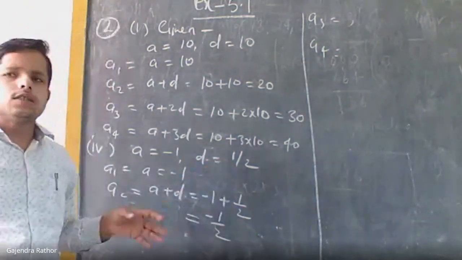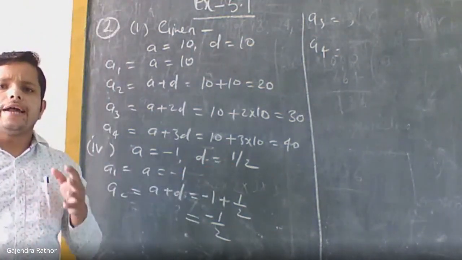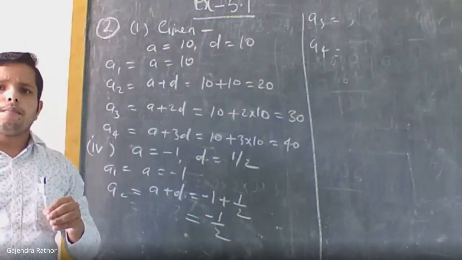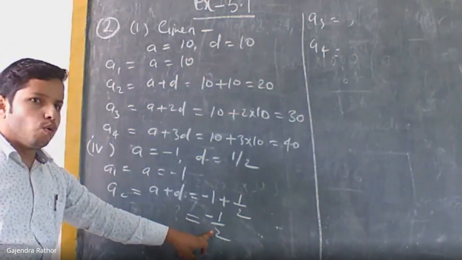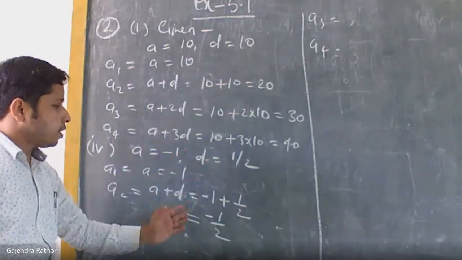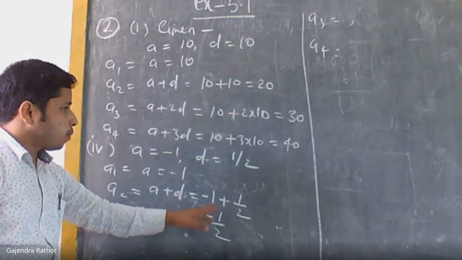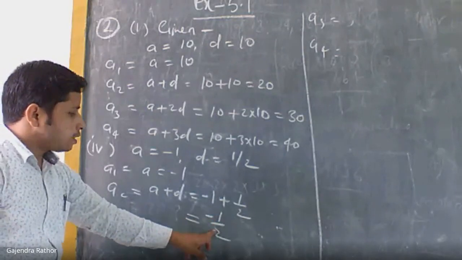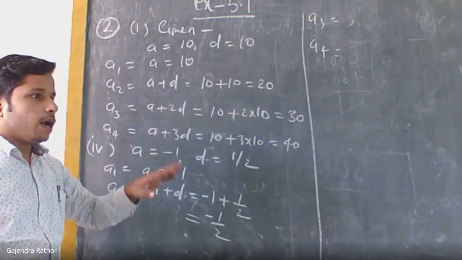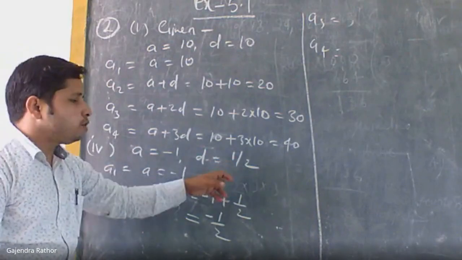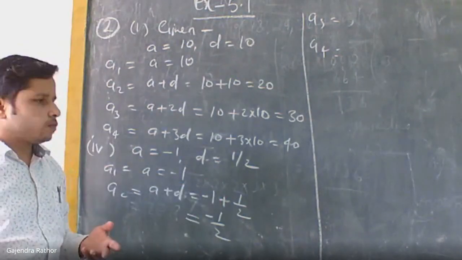This is very simple. We can find a3 and a4 without any calculation. For example, this is a2, and to find a3, we will add 1 by 2 to this value. So minus 1 by 2 plus 1 by 2 cancel. So a3 will be 0. Next a4, 0 plus 1 by 2.